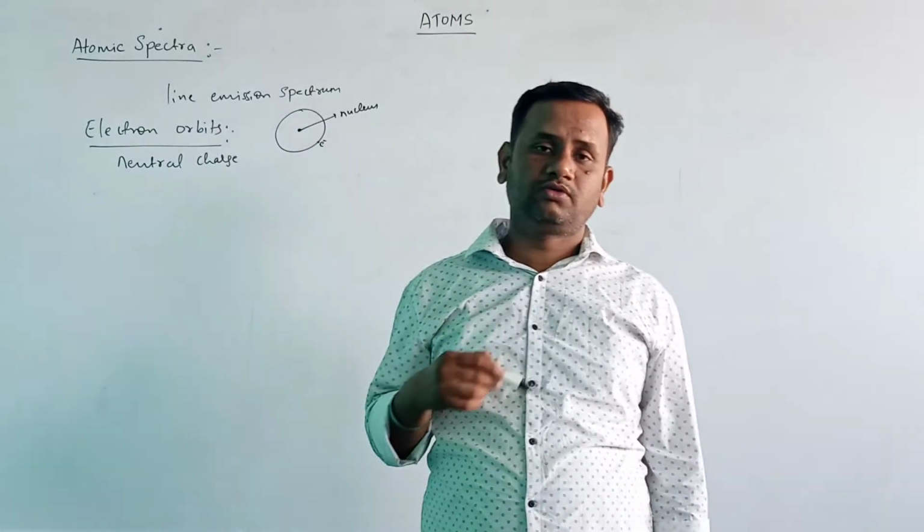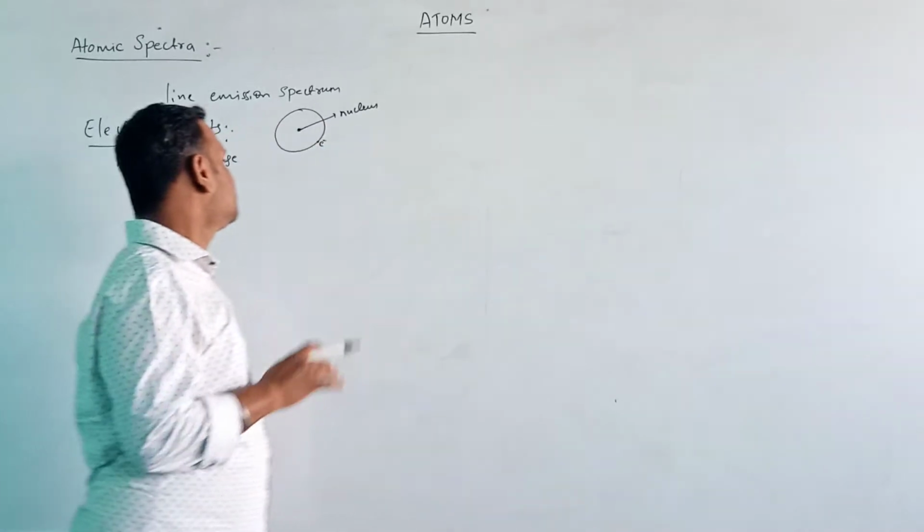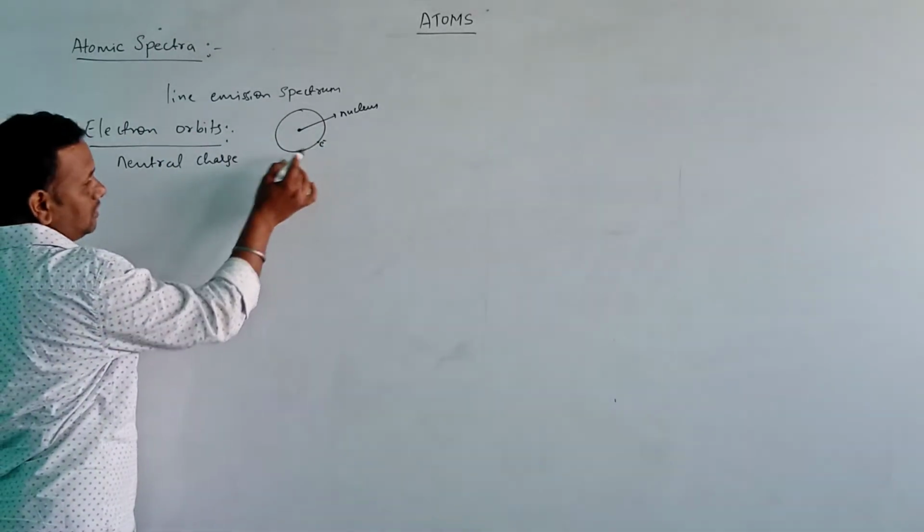So electrons revolve around the nucleus in a stable orbit. This is according to the Rutherford atomic model.